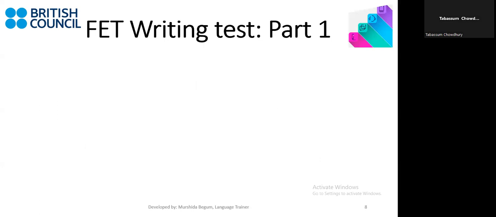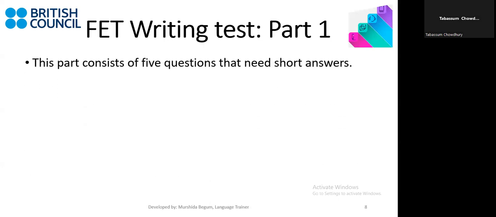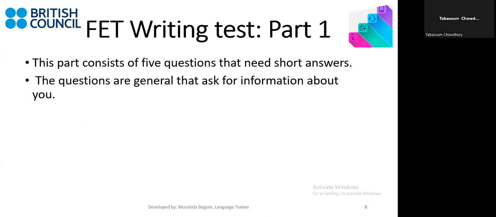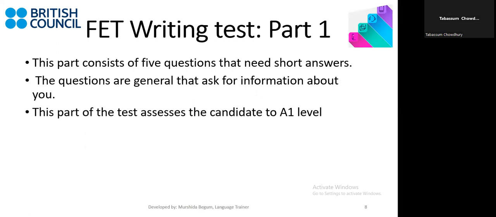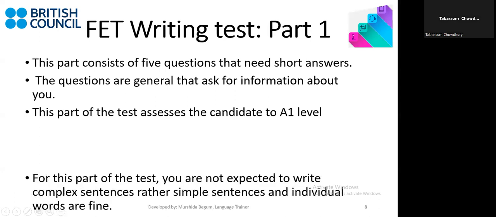Now let's look into the first part, where it is required to write words and phrases, just simple words and phrases. It consists of 5 questions and it needs short answers. I've talked about 6 earlier. The first one is always an example. The questions are general and ask about yourself. This part of the test assesses the candidate at A1 level, just the basic A1 level.